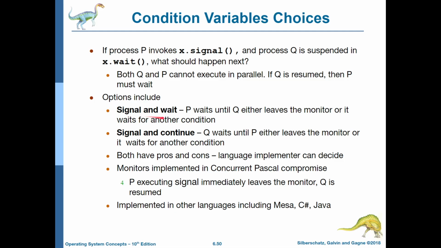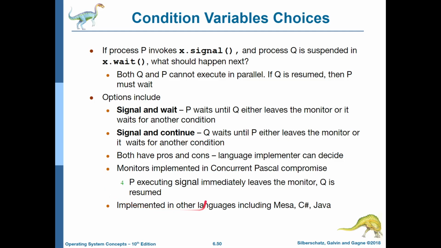Signal and wait is where P waits until Q leaves the monitor or waits for another condition. Signal and continue is where Q waits until P leaves the monitor or it waits for another condition.